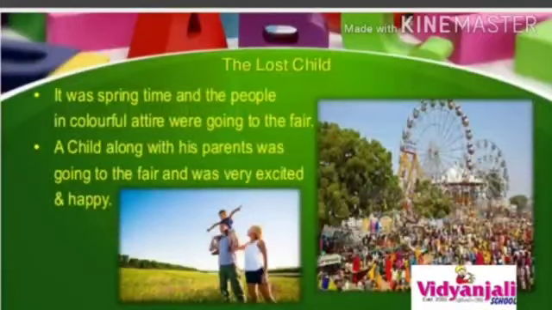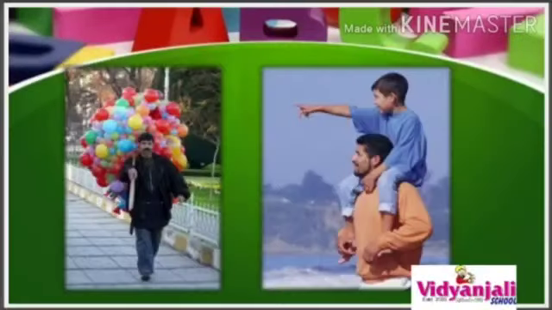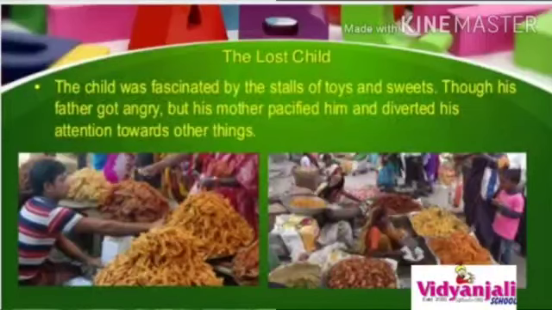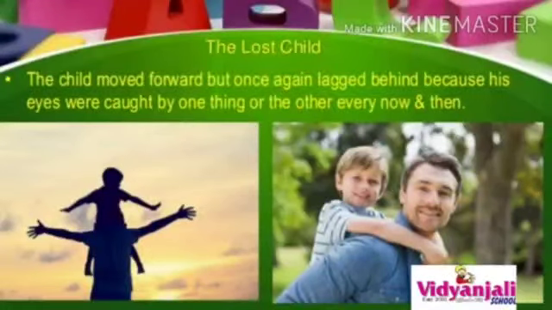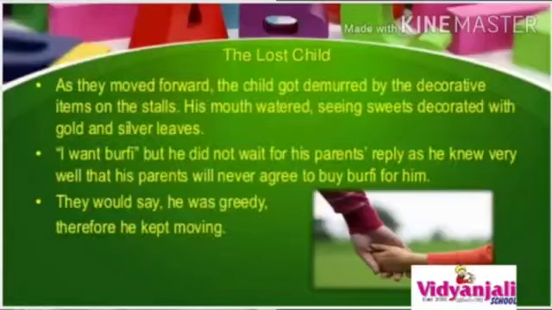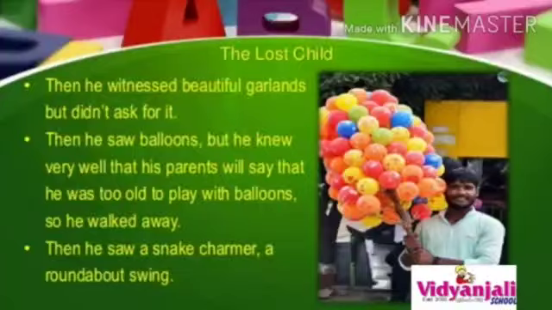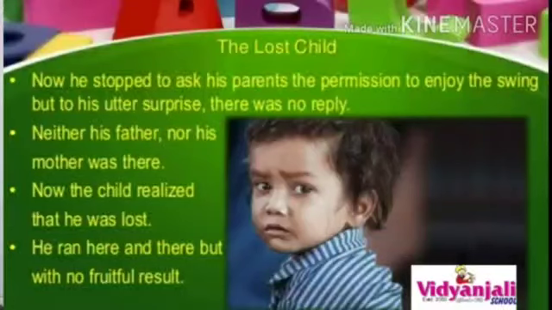Now, a family will be going to a nearby village fair, and the child will be accompanied by the parents. Each stall they'll be visiting, and the child will be asking the parents to purchase this item, that item, or two or three items, in the way you do or have done earlier in your lower classes.